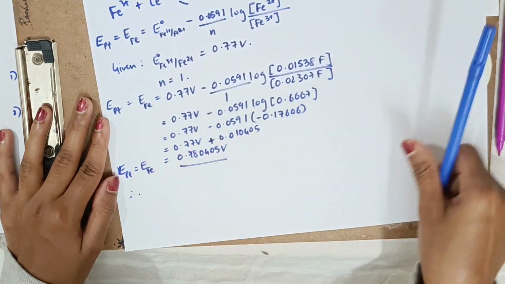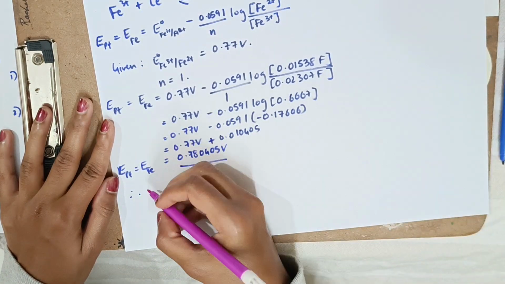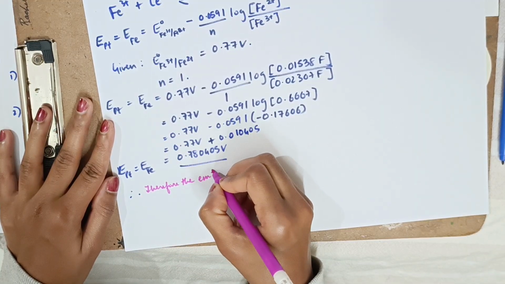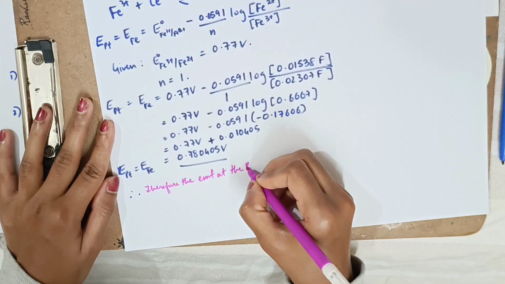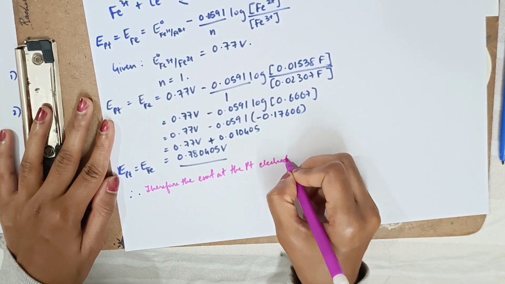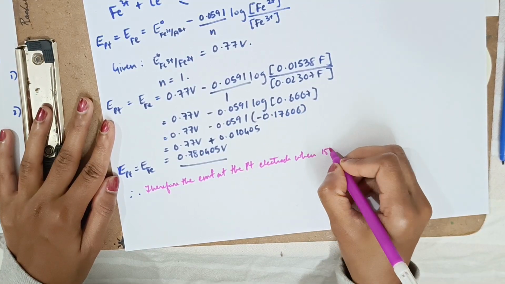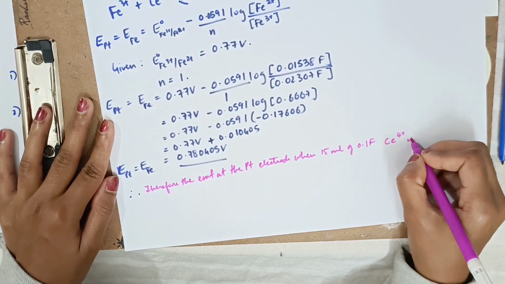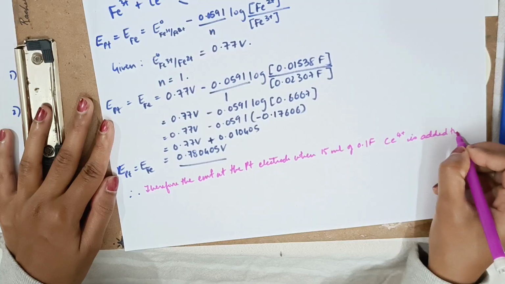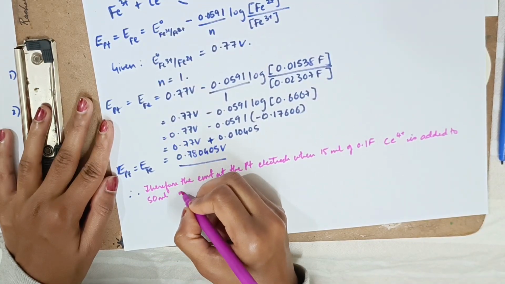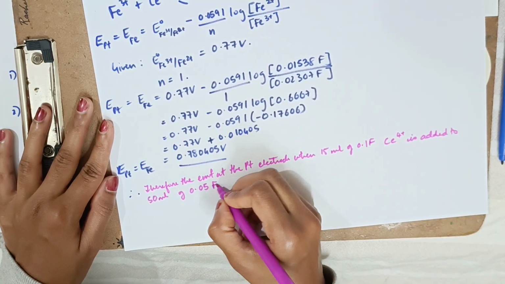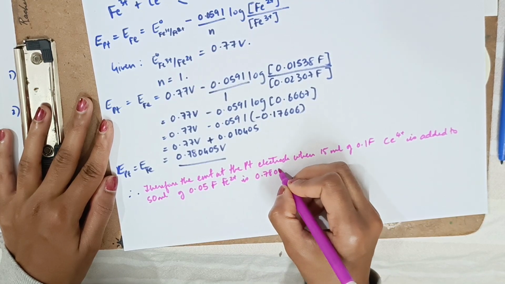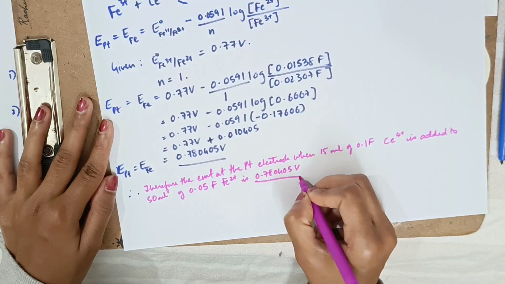Therefore, we can conclude that the EMF at the platinum electrode when 15 ml of 0.1 formal cerium-4+ is added to 50 ml of 0.05 formal Fe2+ is 0.780405 volt.